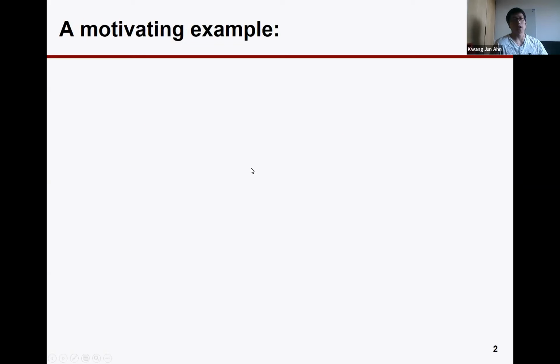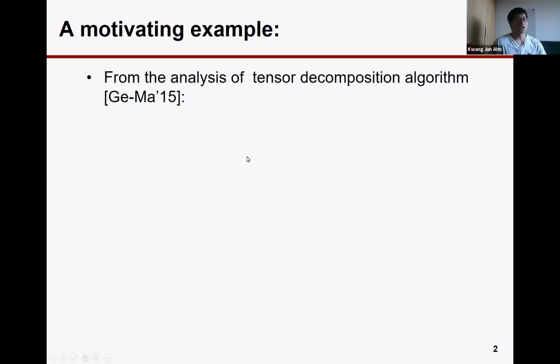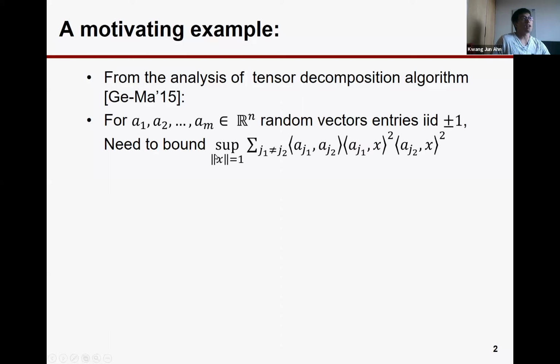So let me start with a motivating example so that you can keep this in the back of your head. This example is from analyzing a tensor decomposition algorithm by Rong Ge and Tengyu Ma. In their technical analysis, this supremum term arises, and they need to bound it in order to guarantee the performance of the tensor decomposition algorithm.